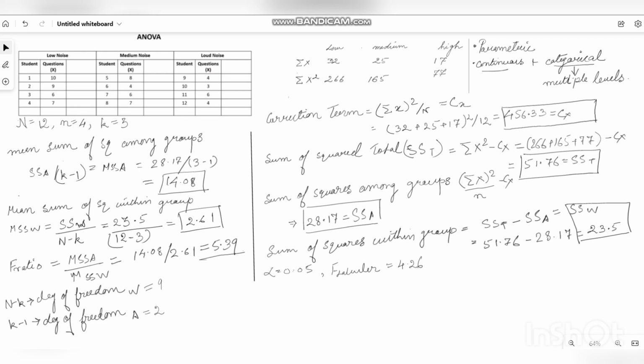Our F calculated is greater than the F tabular. Now in any hypothesis test, we have two hypotheses, the null hypothesis and the alternate hypothesis. The null hypothesis states that there is no relationship, and the alternate hypothesis states that there is a relationship.